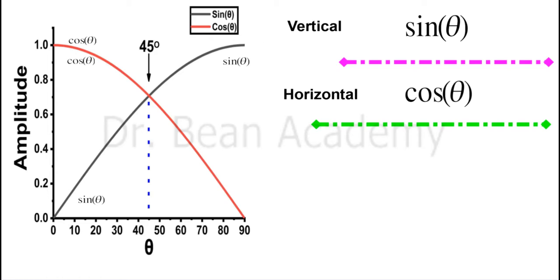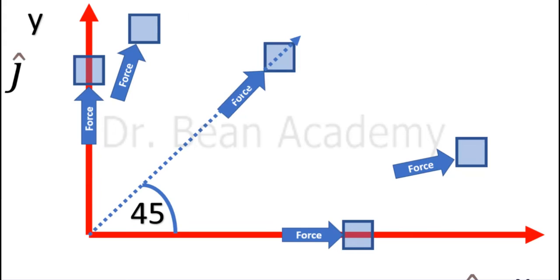We see that at the angle 45 degrees, sine and cosine of theta have equal values. If sine of theta and cosine of theta have equal values, it means they will split the force F into two equal horizontal and vertical components. If the force has equal horizontal and vertical components, the block will eventually travel equal distances horizontally and vertically.